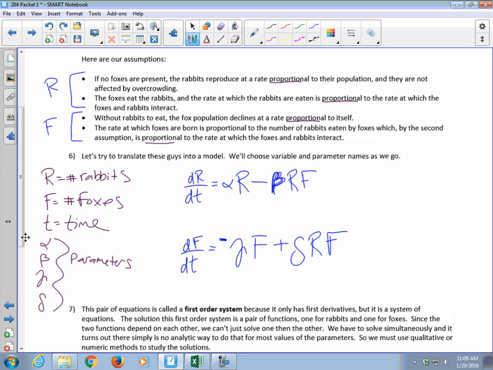So RF is the same. The constant of proportionality might not be. It might not affect the two populations in exactly the same way. The number eaten would be the same, but it might affect the size of the two populations differently.